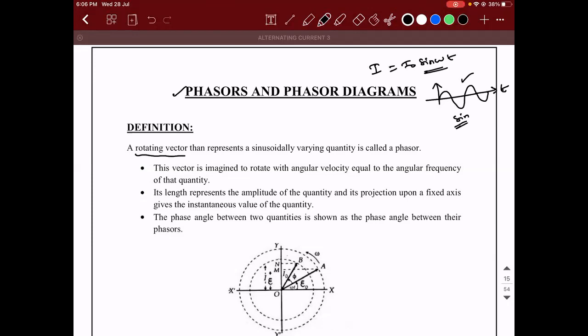So it is a sinusoidally varying one. If you need to draw the graph every time for alternating current and alternating voltage, it gets difficult, right? So as a replacement, we are going to find an alternate way of representing the same sinusoidally varying functions, for which we take the help of vectors.